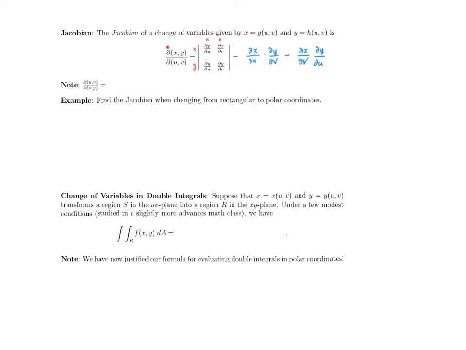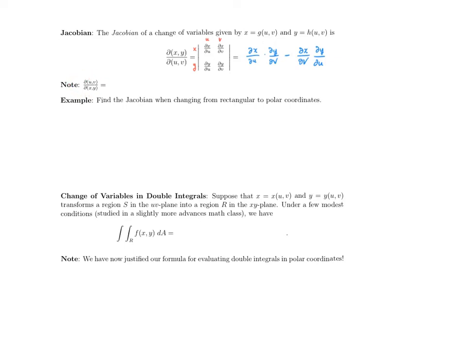And let me make one more observation about the formula. Depending upon the example, it may not be convenient to calculate the partials in this order, but instead we might want to flip the partials. That is, we might want partial u, partial x and partial u, partial y instead, going across that top row, which leads to this opposite Jacobian.